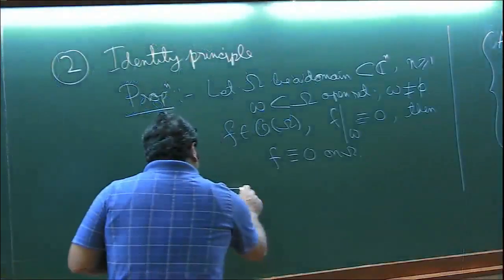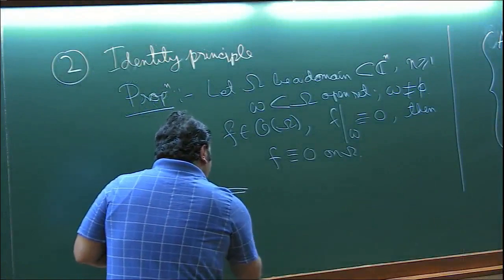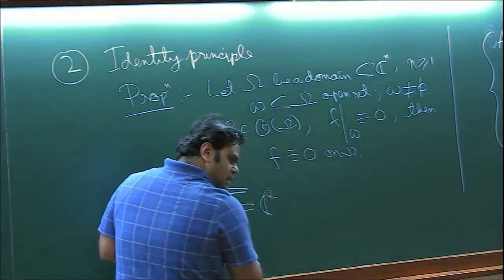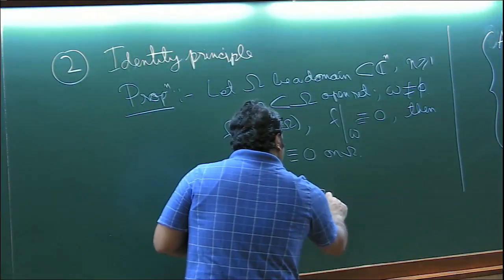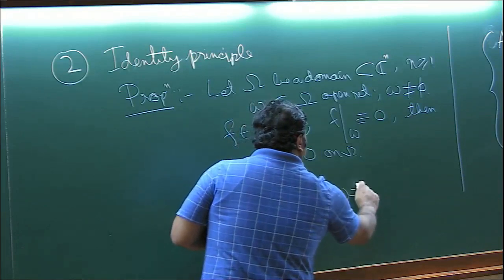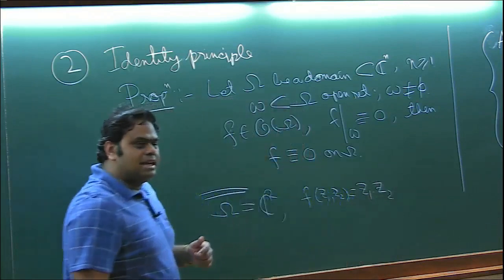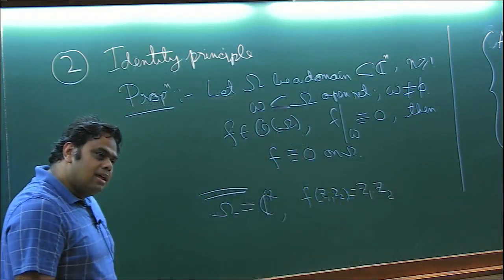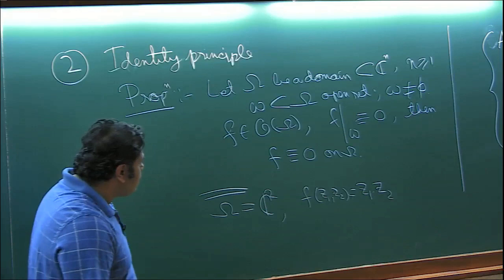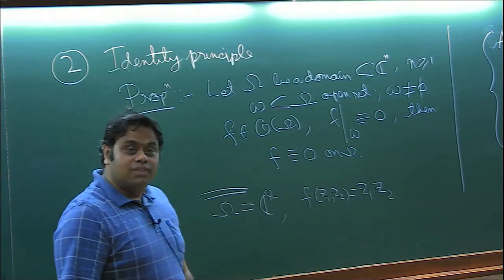Okay, so what is omega now? Omega is the whole of C2, I think. Yes, and little f of Z1, Z2 is? Yes, and then? Yeah, the zero set has lots of limit points, right?